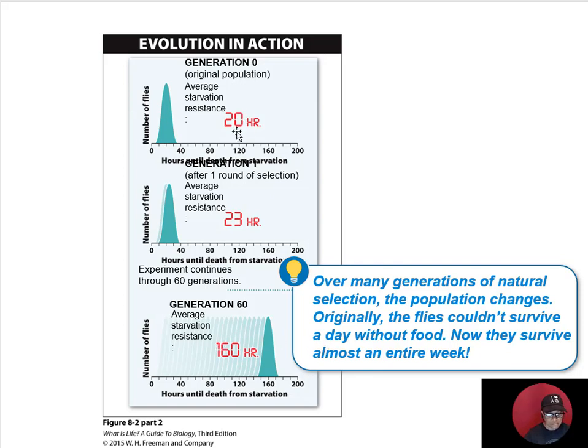So the fruit flies were able to evolve through this forced evolution from a 20-hour starvation survival to 160-hour starvation resistance, which was amazing. And so this experiment actually showed that we can, through manipulation, cause another species to evolve.